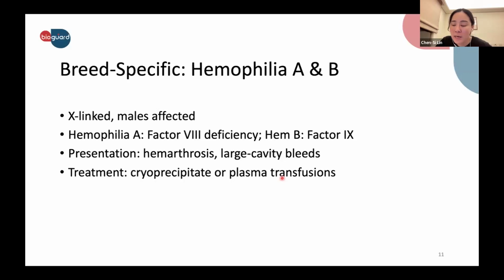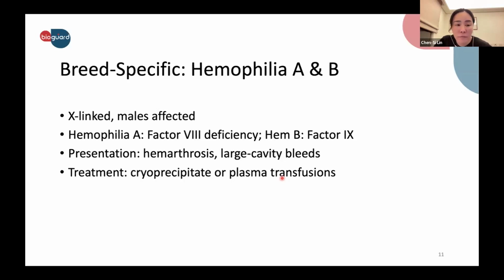So we can see joint bleeding and hemoabdomen in hemophilia dog cases. This gene mutation is X chromosome linked, resulting in clotting factor 8 and 9 deficiency, and it affects males predominantly.